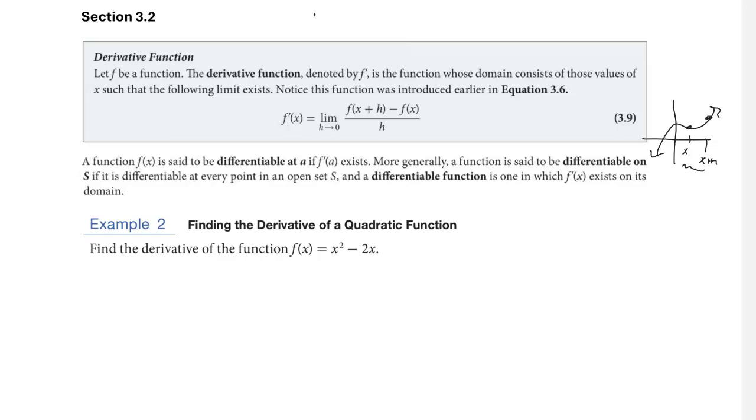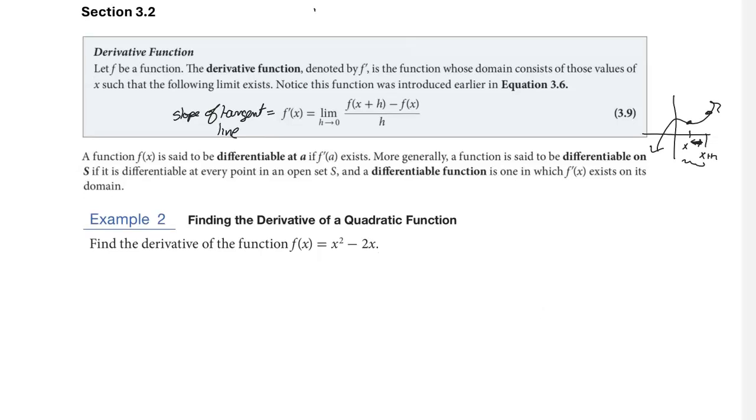We're looking at what happens as the distance between these 2 points gets smaller and smaller and smaller. We said the derivative gives us the slope of the tangent line. So we want that secant line to get closer to that tangent line, which is why we're looking at that limit as the distance between these 2 points approaches 0, so it gets smaller and smaller.